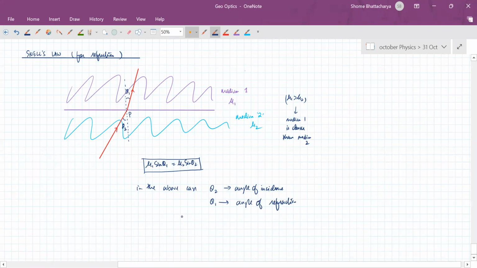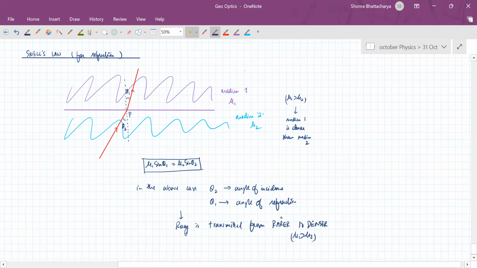And the ray is transmitted from rarer to denser medium, because mu1 is greater than mu2.